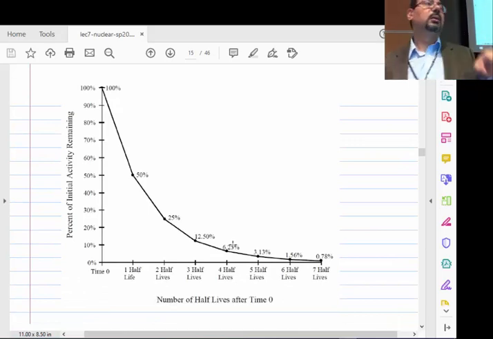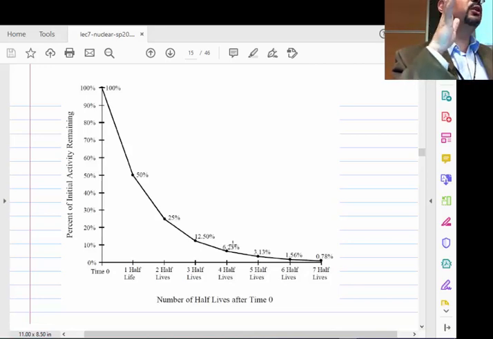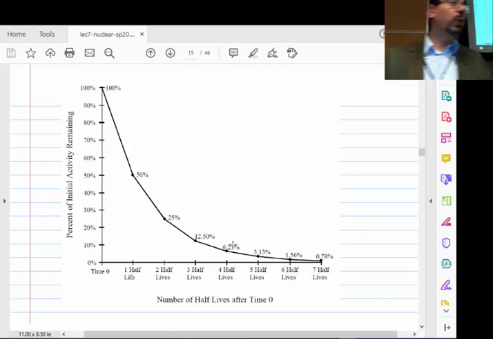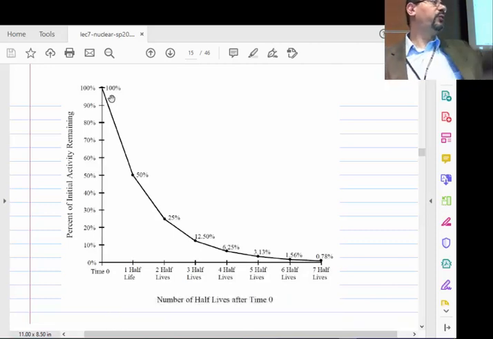So while the elements are going through this radioactivity, losing beta radiation, gamma radiation, alpha radiation, whatever decay they're going through, obviously they're changing their composition, right? Moving from sodium to neon, for example.